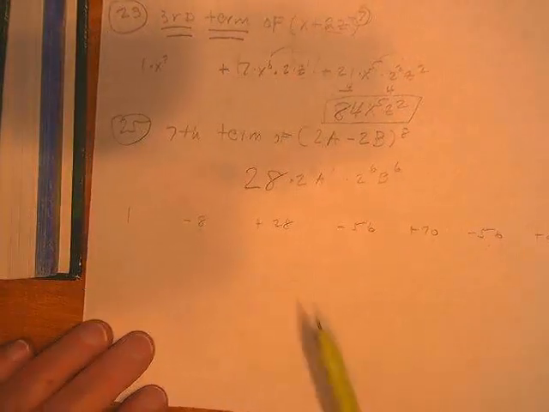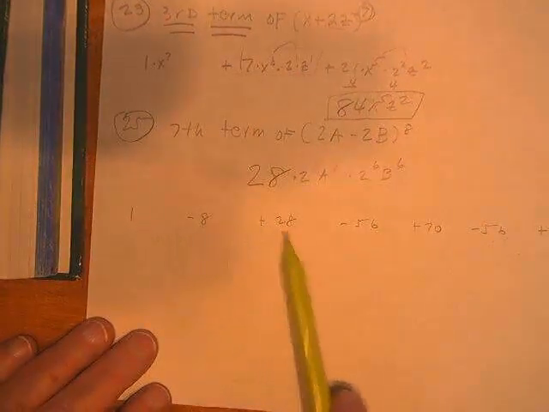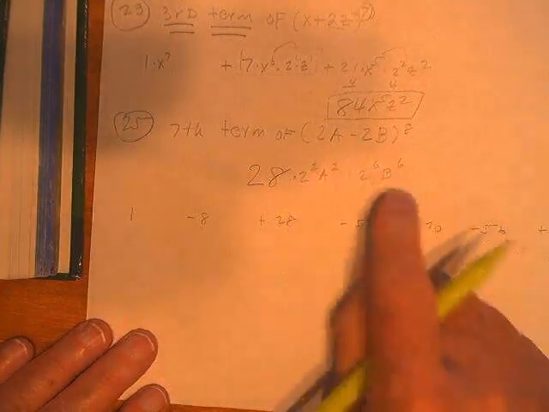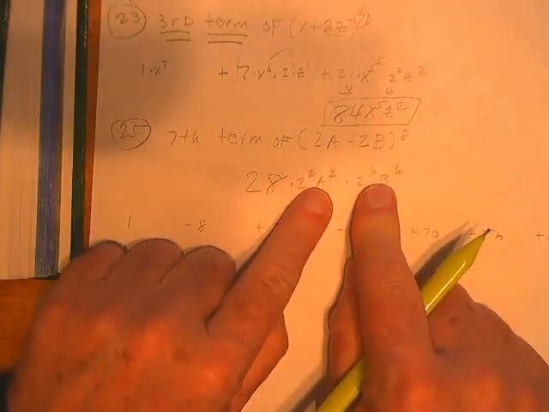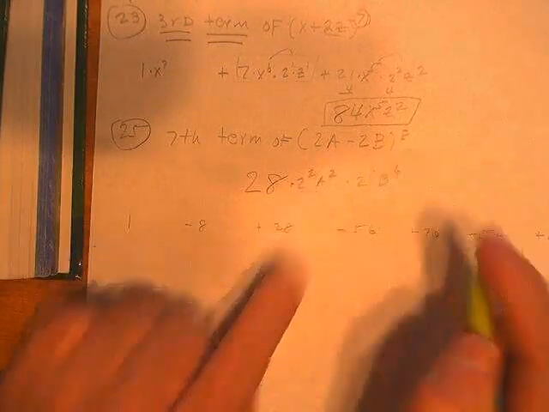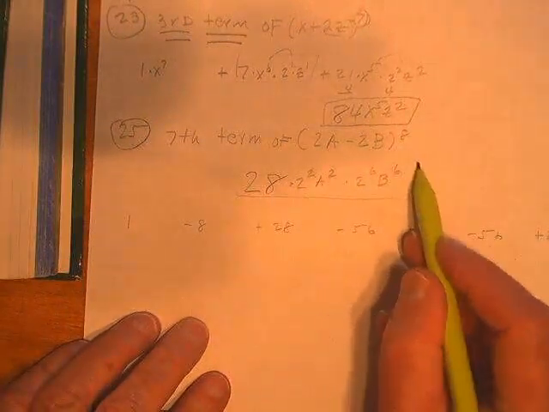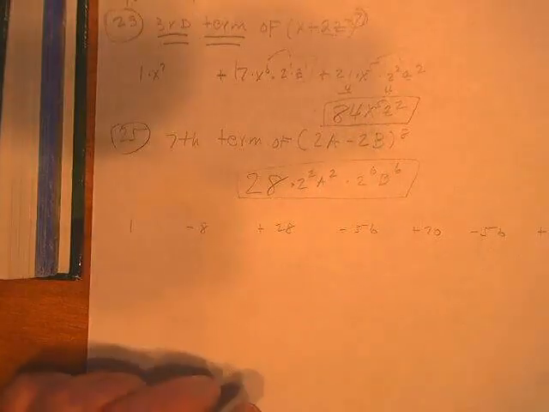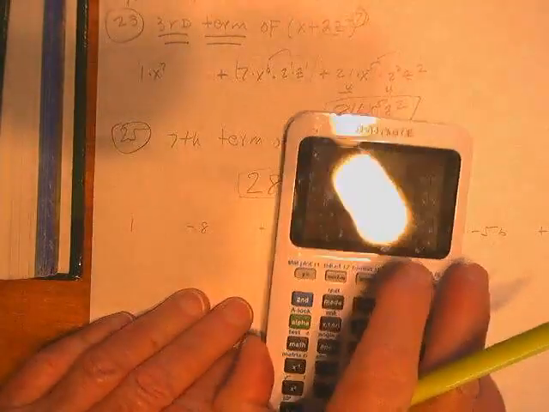I mean, let's count this again from the first. 8, 7, 6, 5, 4, 3, 2. Those would both be 2s. But look, 6 and 2 is 8. And so if I can calculate this, I'll be good. 28 times 2 squared times 2 to the 6th.